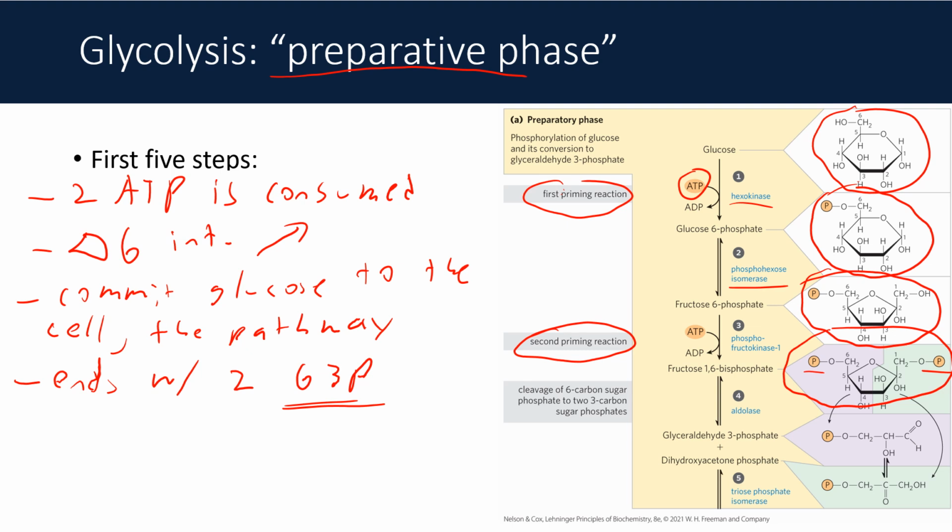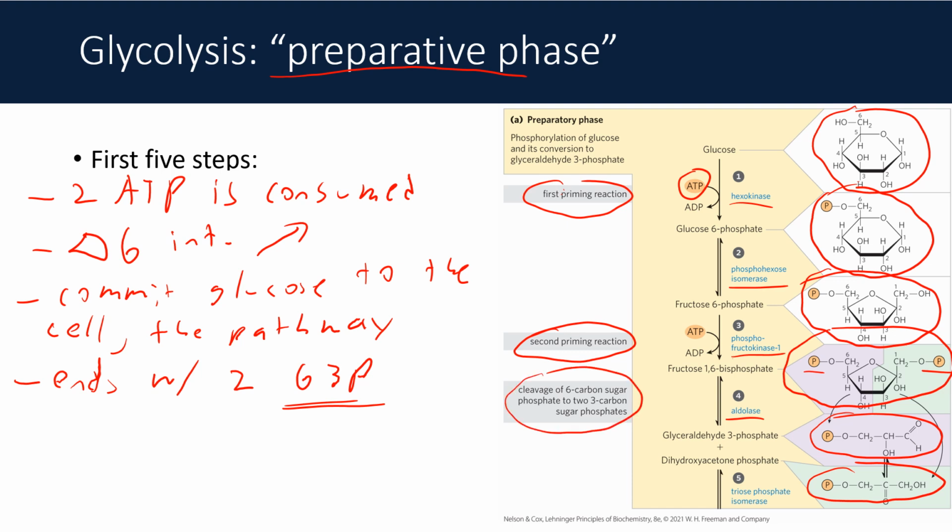That's important because the fourth enzyme, aldolase, is going to cut that sugar in half into glyceraldehyde 3-phosphate and dihydroxyacetone phosphate, two rather high energy phosphotrioses.